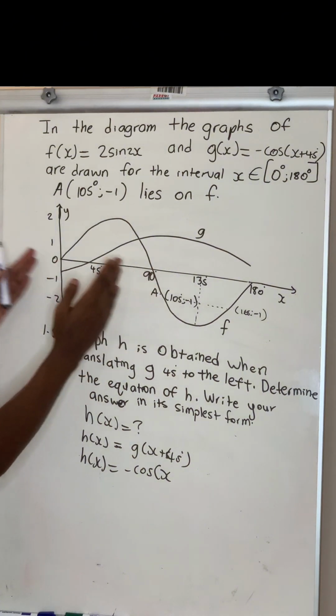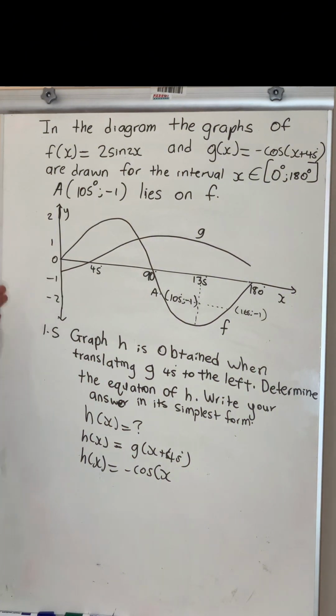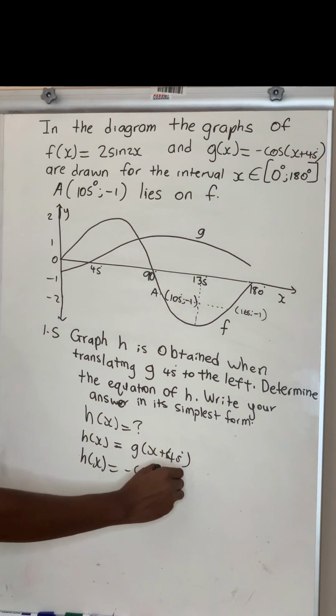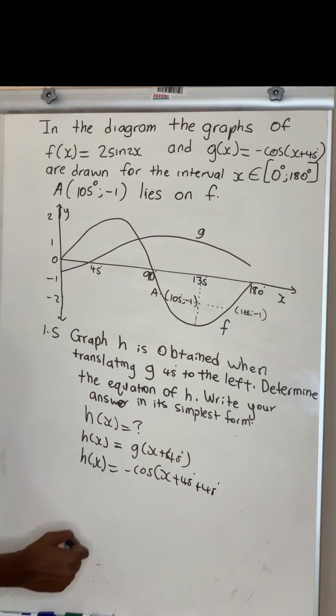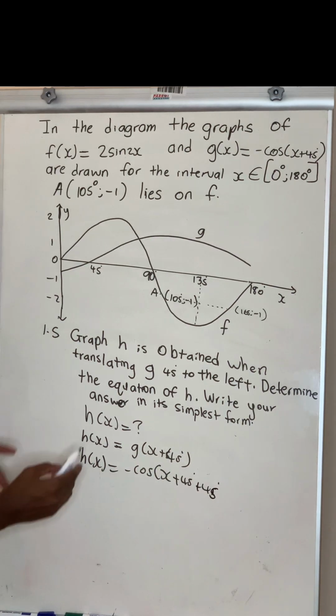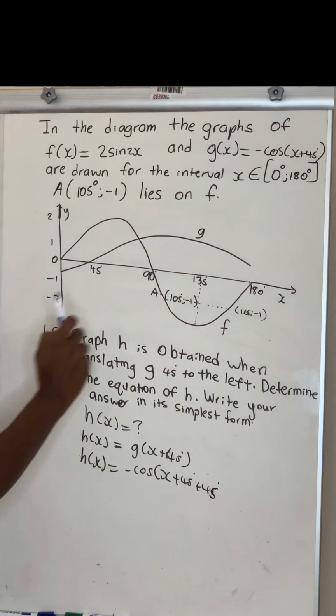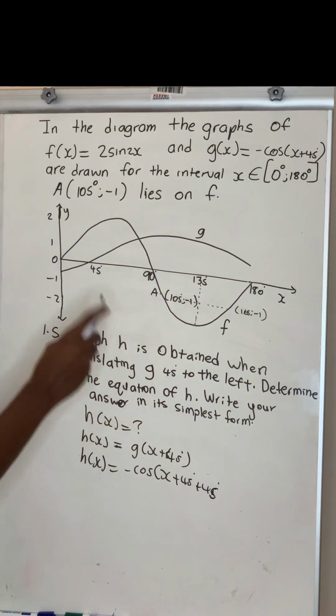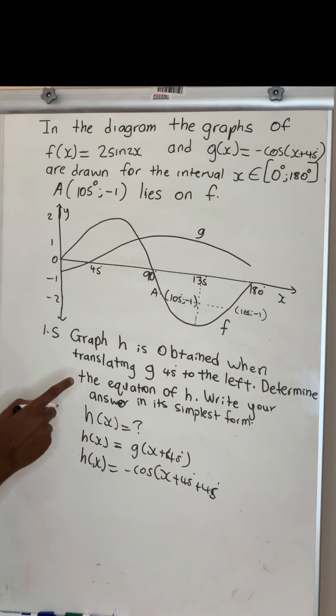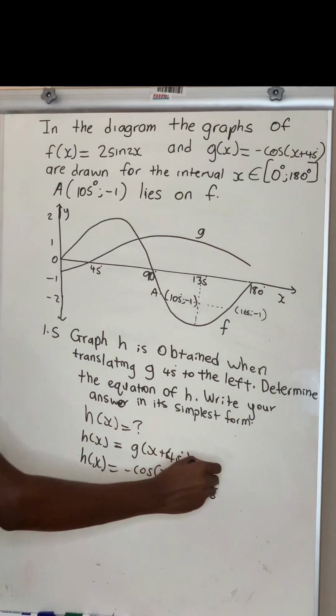When they say to the left, it's actually the opposite. You should add 45 degrees. When they say to the left, you add. When they say to the right, you subtract.